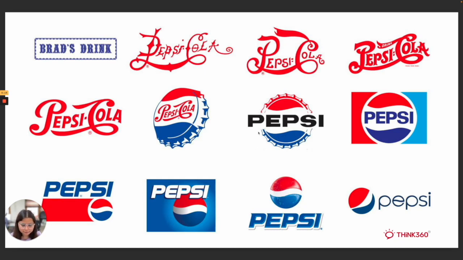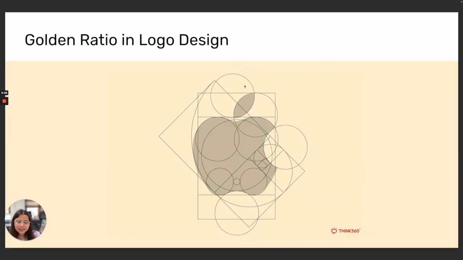That's the importance of a minimal and modern logo. We have talked about the minimal logo. The golden ratio is also very important in logo designing. Its golden ratio grid provides a framework for a perfect logo for your business. The example here is Apple's logo. So we are almost reaching the end.